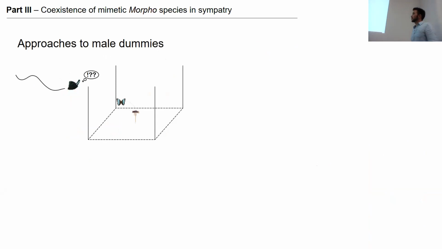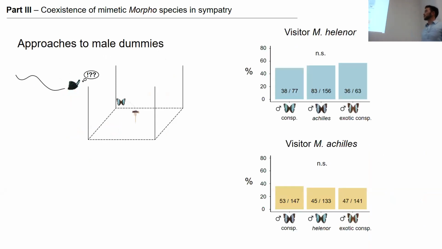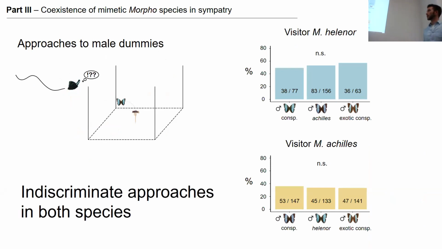We found that patrolling males approach their conspecific, heterospecific, and the exotic conspecific in similar proportion. There seems to be no discrimination, at least at long range. And interesting to see here, males Eleanor seem to be more curious, if we can say, because they approach in higher proportion to any dummy than males Achilles.